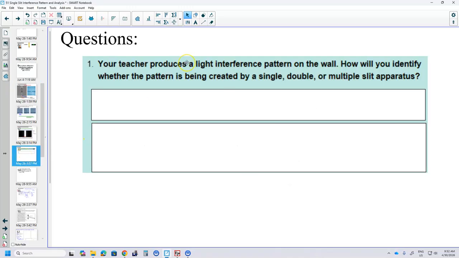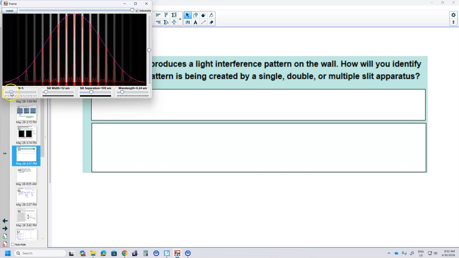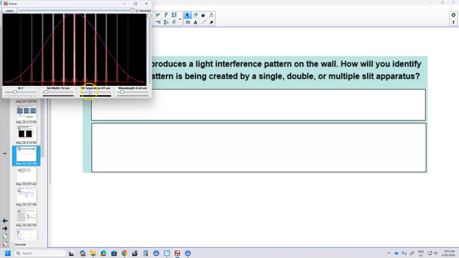We'll get there. So if you have an interference pattern produced on a wall, how would you identify if the pattern is created by a single or a double slit, or the other option, multiple slits? Watch what happens. If I go to multiple slits, you can get really well-defined bright bands, with 7 slits.